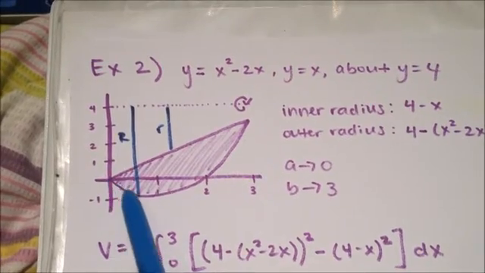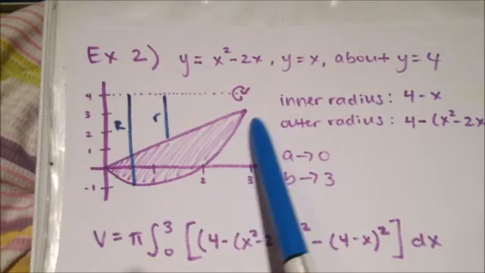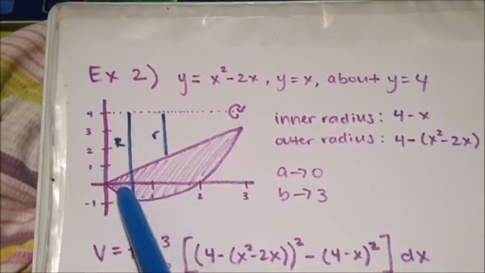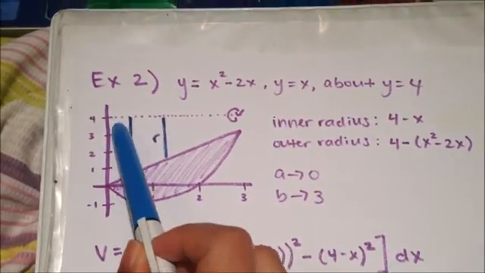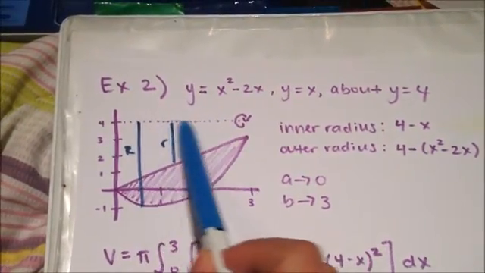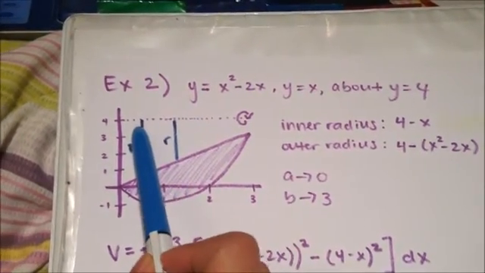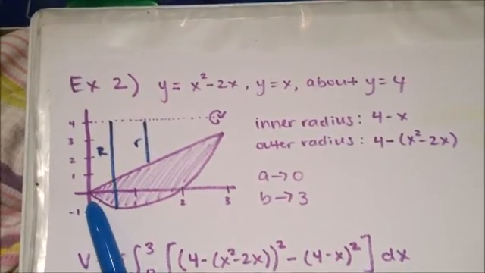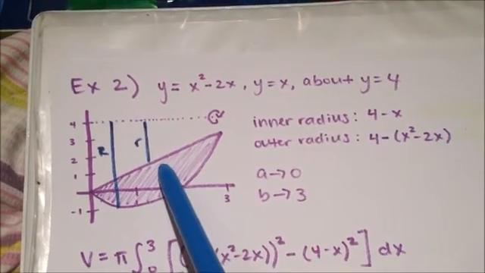So our outer radius wouldn't just be x squared minus 2x, because we also have to take into account that the line we're rotating about is y equals 4. So our outer radius would actually be 4 minus (x squared minus 2x) in parentheses. And our inner radius wouldn't just be x, it would be 4 minus x.